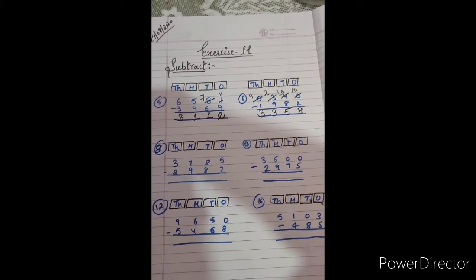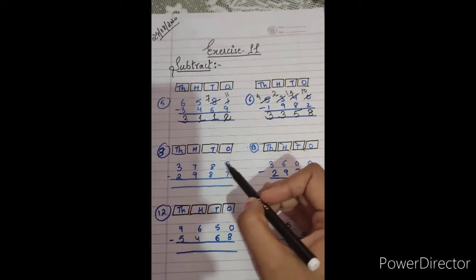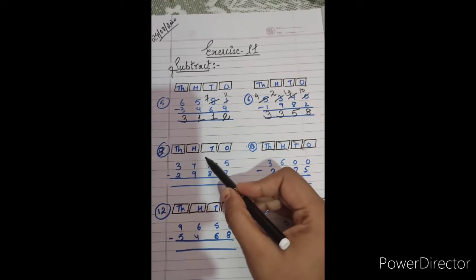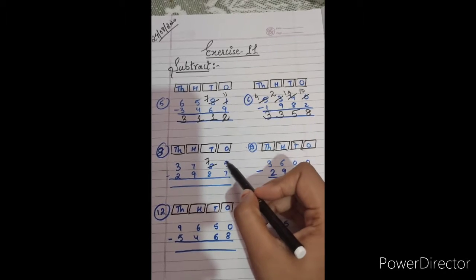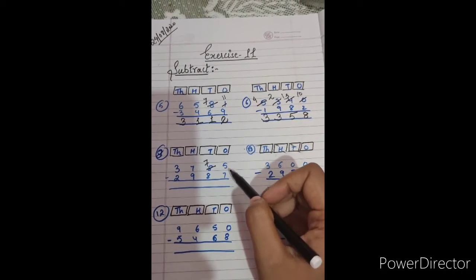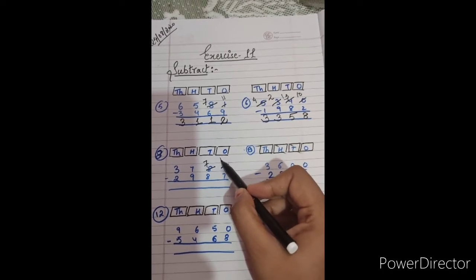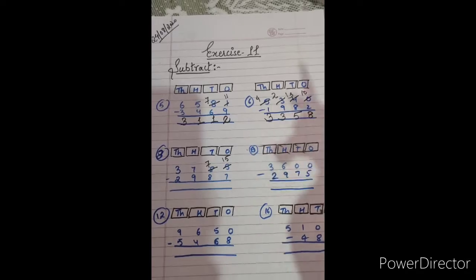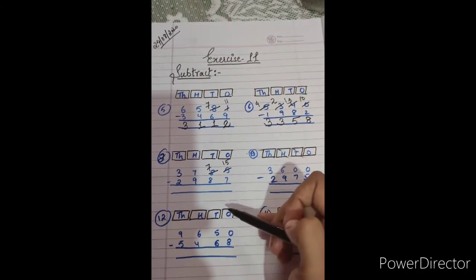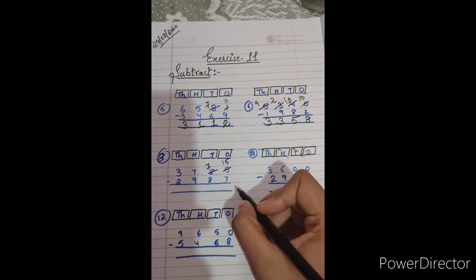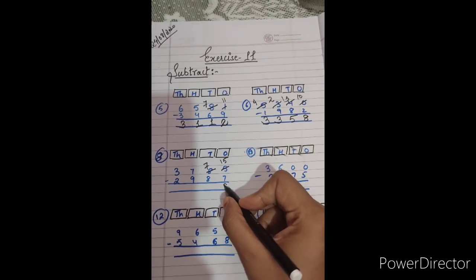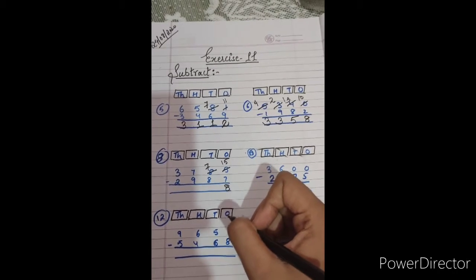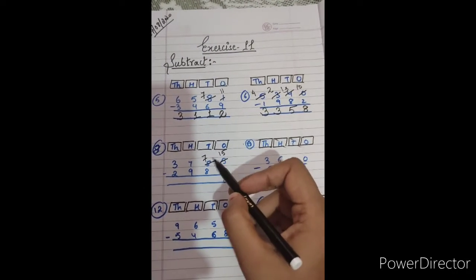Then from the tens column we borrow 10 leaving behind 7. So 10 plus 5 ones becomes 15 ones. 10 plus 5 is 15. 15 ones minus 7 ones. 15 minus 7 is 8. So write 8 under the ones column.